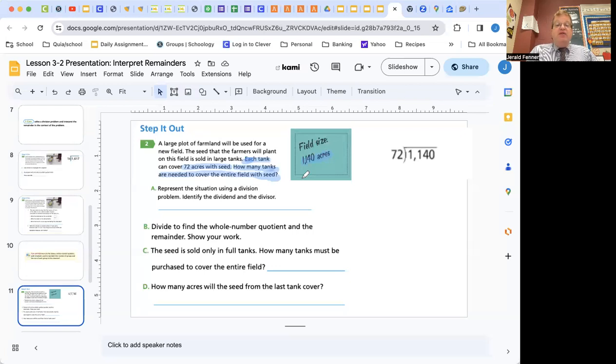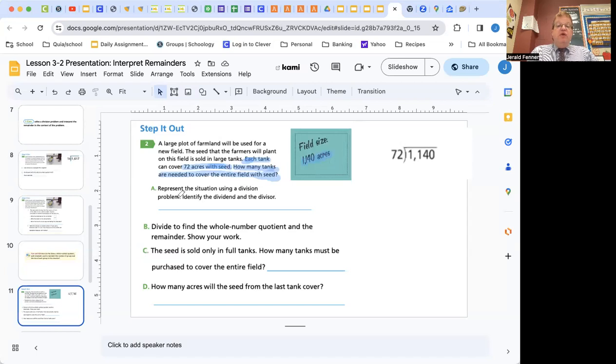1,140 acres. Okay. So in this case, both the size and the labels start with acres, but with seed. Each tank can cover 72 acres with seed, where this is just the size of the field, which is 1,140.